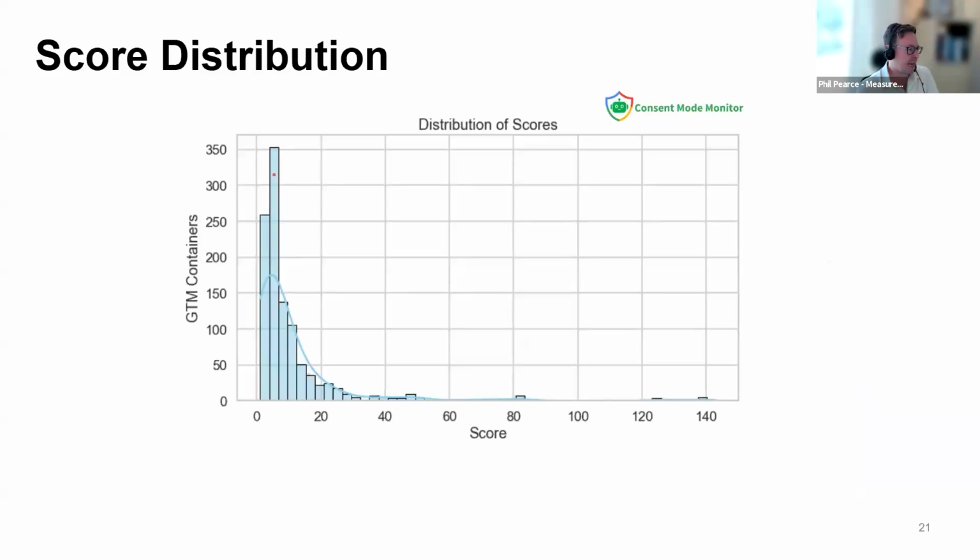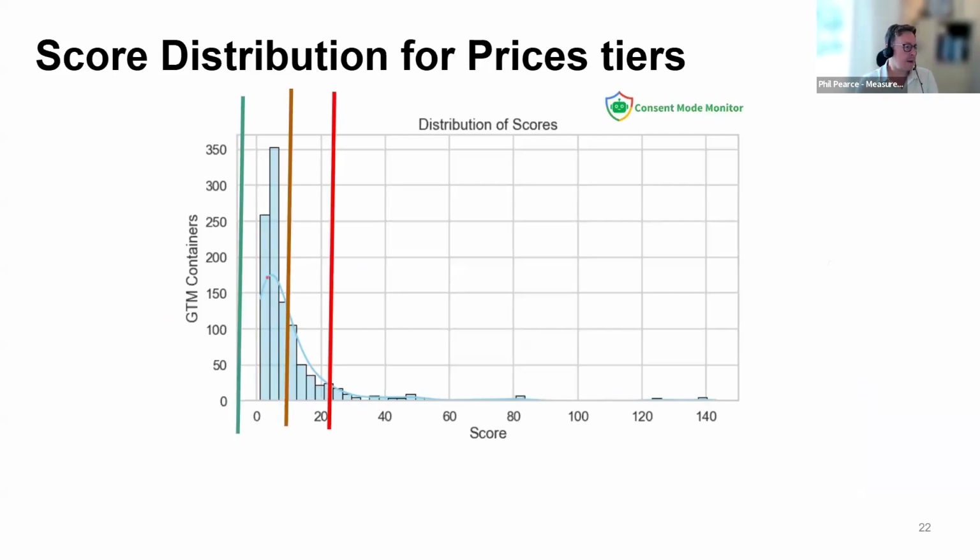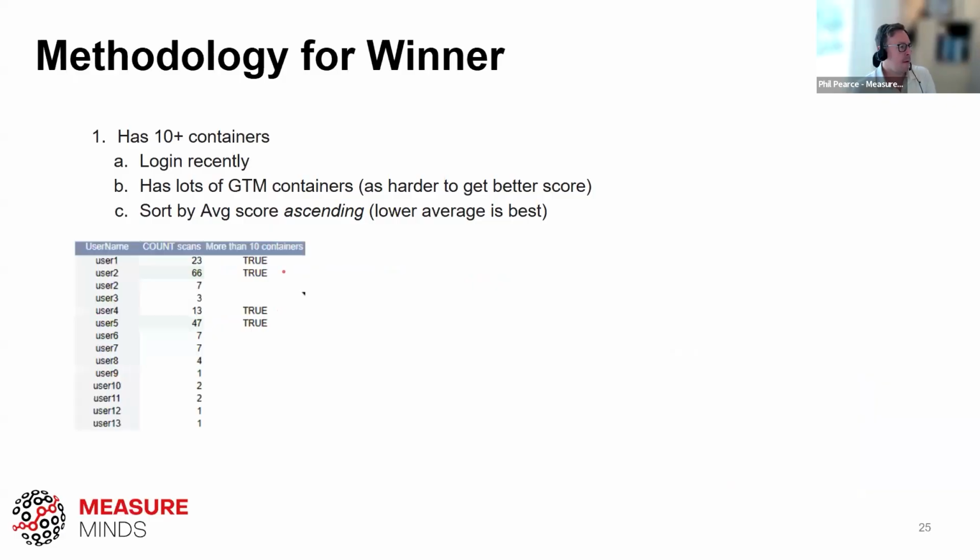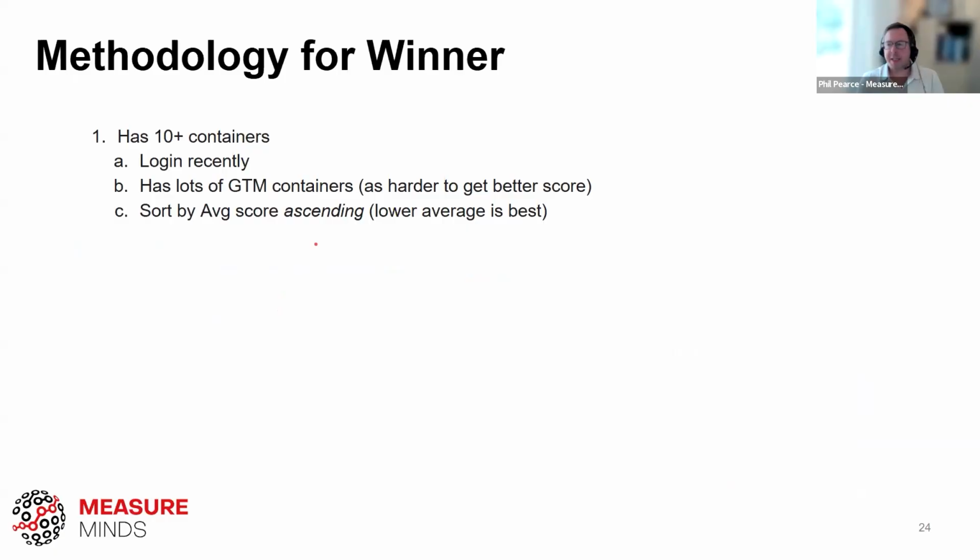The average here is 10-ish or so. There's a handful of really bad accounts in here, but the vast majority are between the 10s and 20s in terms of negative scores. But you really want to be on 0, as in you've got no compliance issues. So that's how we determine the scores.